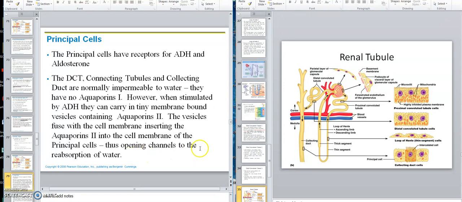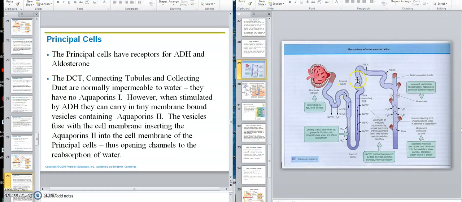So my point is that the distal convoluted tubule does not reabsorb water unless aquaporins 2 are present. And to get to aquaporins 2, antidiuretic hormone must be released. Now remember, antidiuretic hormone, when we did the blood vessel chapter, is produced by the posterior pituitary in accordance with osmotic balance. We'll talk a little bit about osmotic a little later.